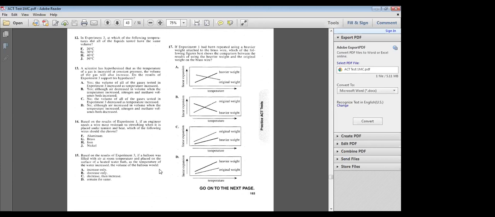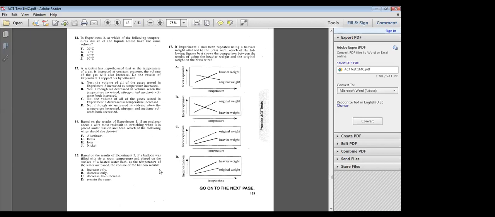17. This one, you got to use a little logic. So if experiment 1 had been repeated using a heavier weight attached to the brass wire, which of the following figures best shows the comparison between the results of using the heavier weight and the original weight on the brass wire? Which one do you think? D. Okay.